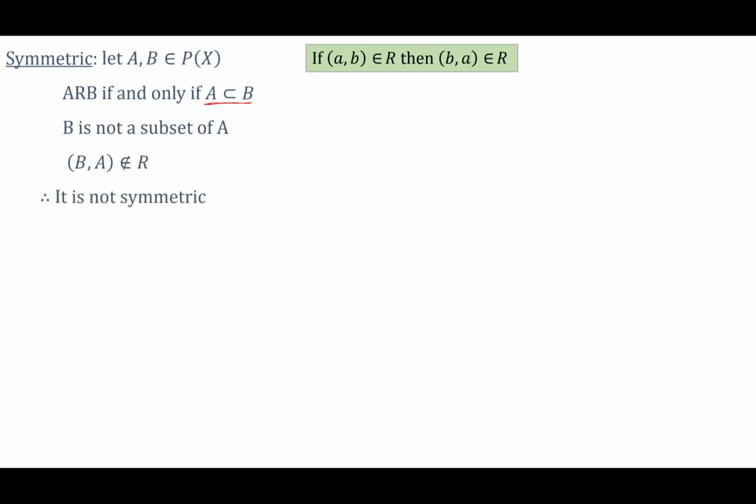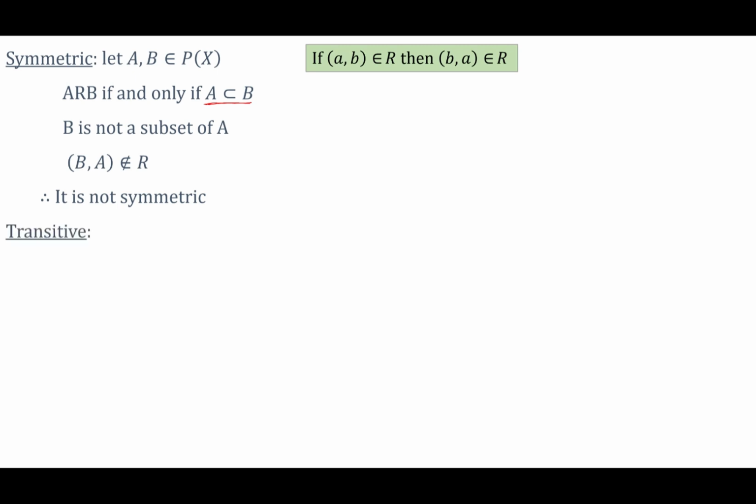If A comma B belongs to power set, which means A is related to B if and only if A is the subset of B. Now, if A is the subset of B, then B cannot be the subset of A. If I am saying A is the subset of B, then I cannot say B is the subset of A. Not possible. So if B is not the subset of A, that means B comma A does not belong to R, which means the given relation is not symmetric.